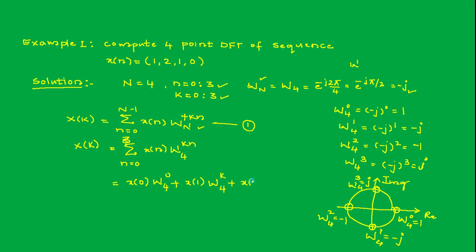Next n is equal to 2: x of 2 W4 raised to 2k, plus x of 3, for n is equal to 3, W4 raised to 3k. So that is equal to X of k. I will write this equation on the next slide.